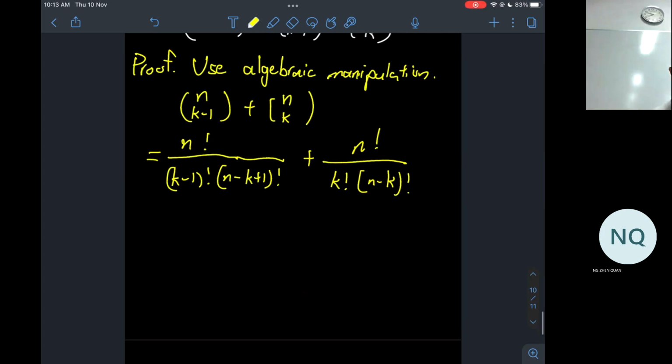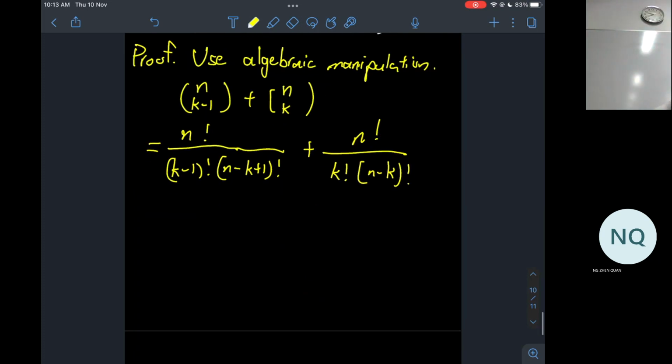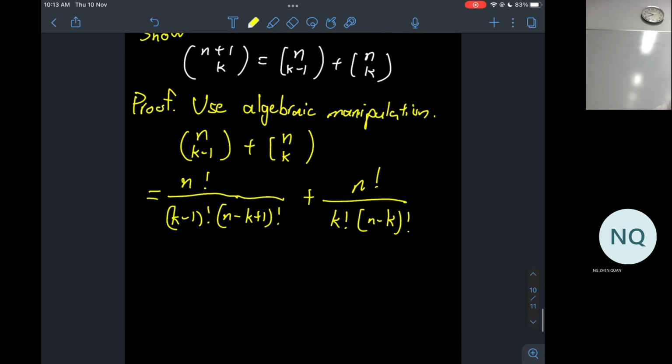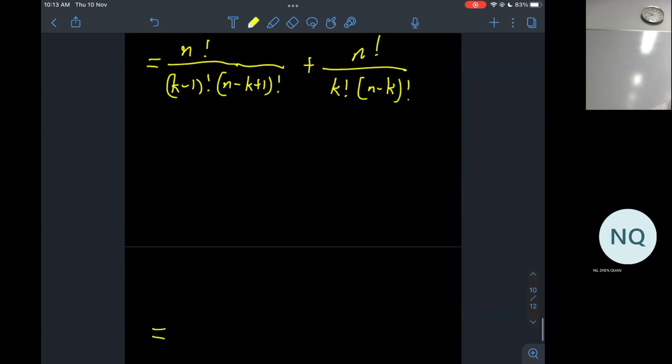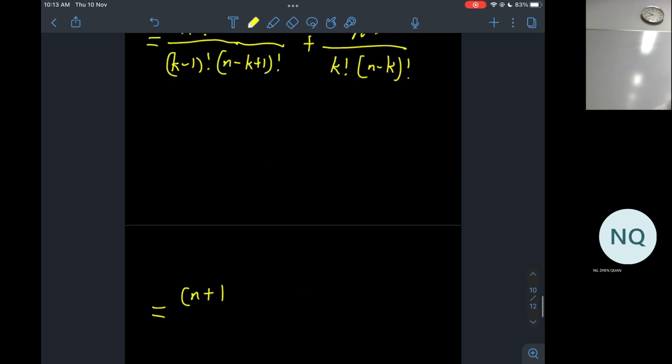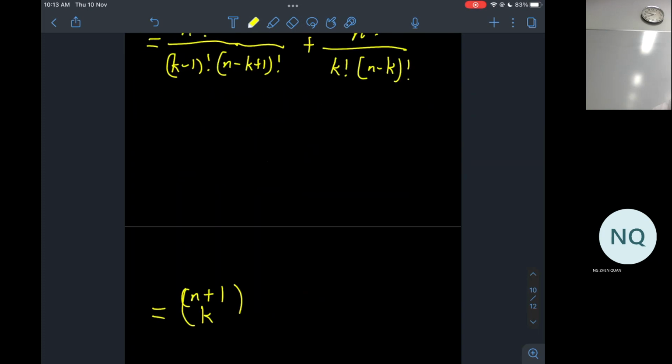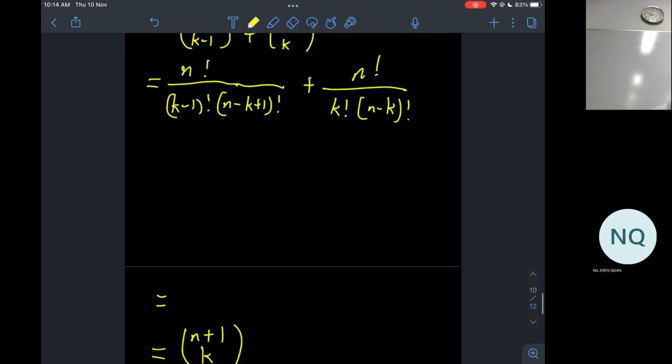What's your goal? Write out the goal first. We go forward and then backward. I tell you the secret already. So this one is n plus 1 factorial over k factorial and n plus 1 minus k factorial.